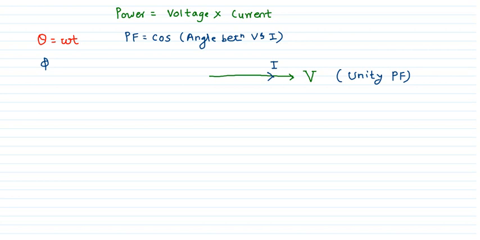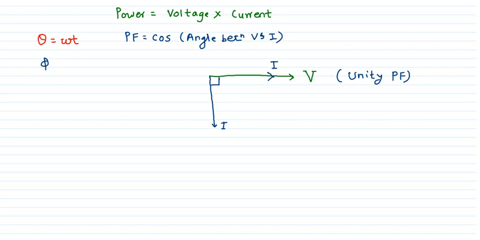What happens for typically inductive circuits? If the circuit is purely inductive, your current will lag the voltage by 90 degree, and then this will be having 0 power factor.